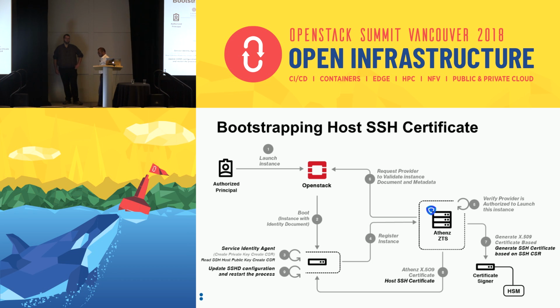So we talked about service identity. Athenz also provides another feature, which is basically a bootstrapping host SSH certificate. Most of you know the TOFU problem. So it's basically a trust on first use problem.